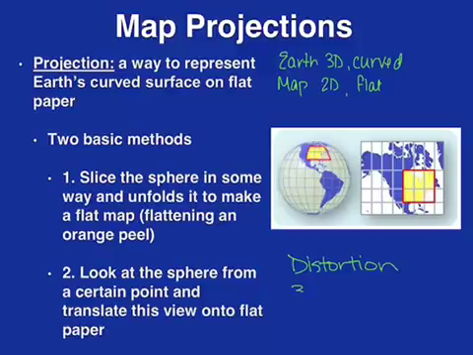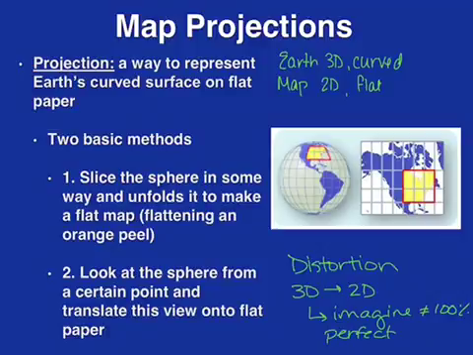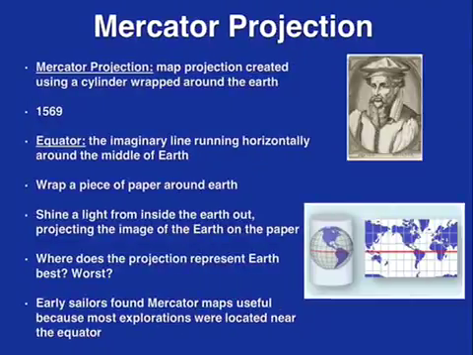Going from three-dimensional to two-dimensional is going to cause the image to not be 100% perfect. There will be flaws in it. The Mercator projection showed up in about 1569, and this is a map projection created using a cylinder wrapped around the Earth. Imagine taking a globe and wrapping it in wrapping paper.